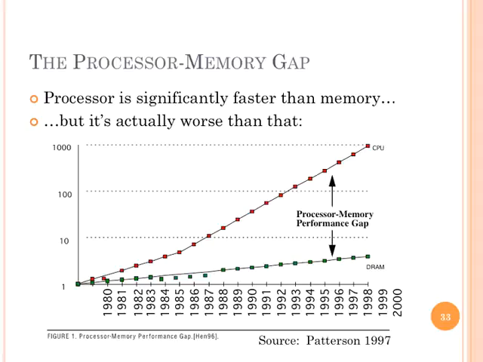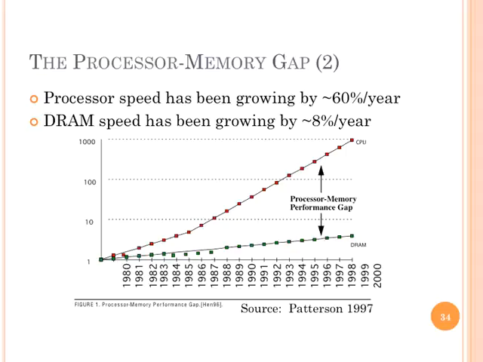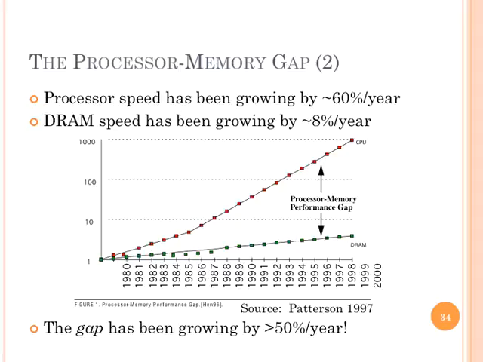So even all the way up till 2010, we're continuing to see the same increase in the disparity between the processor performance and the memory performance. So that makes us really sad. Like I see here, the gap itself has been growing by more than 50% a year. And it's probably less than that now. Maybe it's like 30% a year. But it's still there, and it still sucks for building computers.